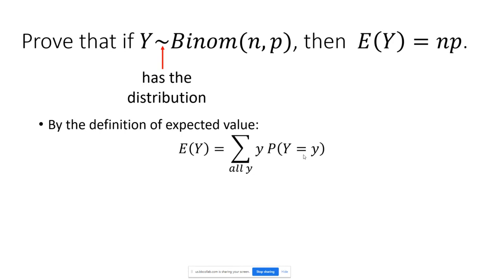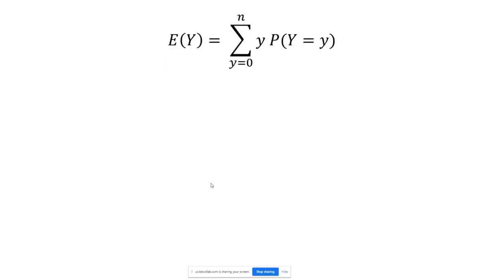So now let's make this specific to the binomial distribution. So for the binomial distribution, all the possible values little y are integers from 0 up to n. And we can fill in our formula for the probability that y equals little y.